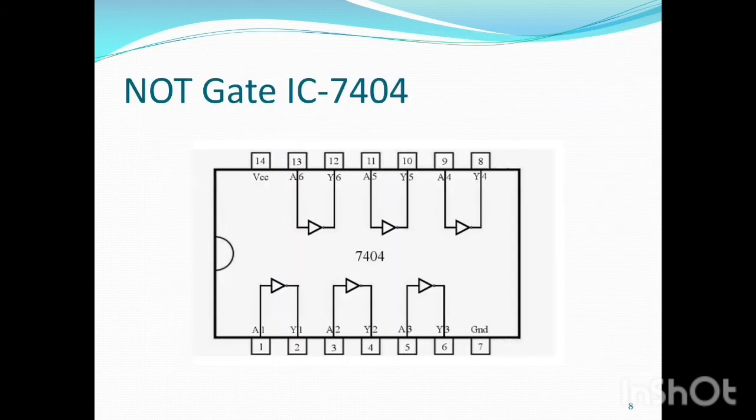And for the NOT gate, IC 7404 is used as an inverter IC, available in the market. IC 7404 is the inverter IC, and it consists of 14 pins, and in one IC there are altogether 6 inverters present.